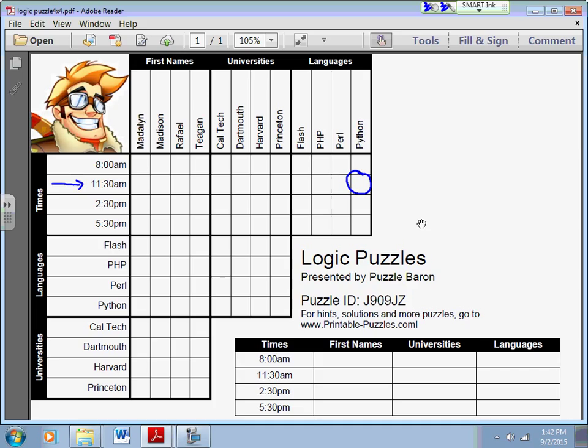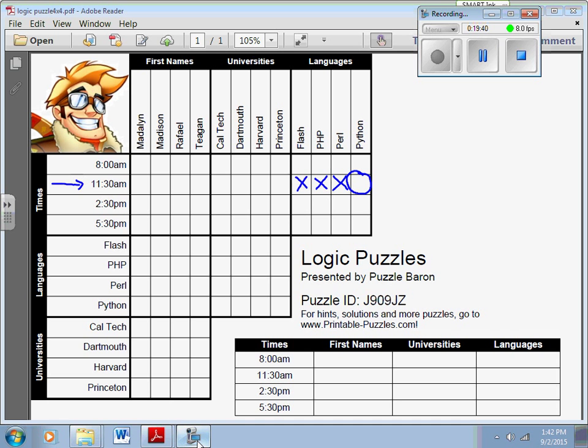Now, the person that is at 11:30, whoever that person is and whatever college they went to, nobody else can arrive at 11:30. So that means whoever the computer programmer is cannot arrive at 11:30. Whoever does PHP cannot arrive at 11:30. And whoever does Flash cannot arrive at 11:30. Go ahead and X out those for me.